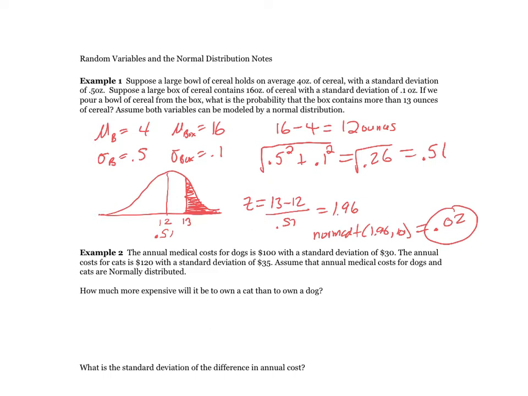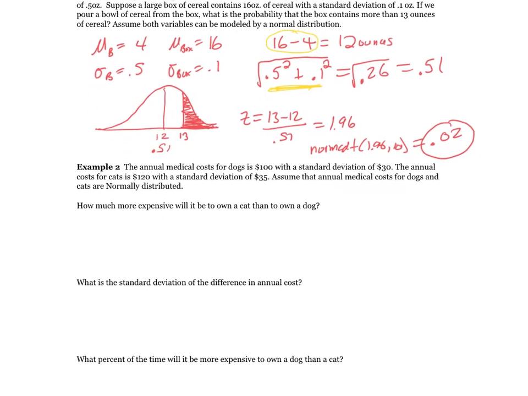That's basically because the standard deviations are very small, so there's not going to be much error here. One thing to keep in mind: even though we subtracted the means to find what was in the box, we still add the variances. That was a big part of this unit. So hopefully everybody's understanding that.